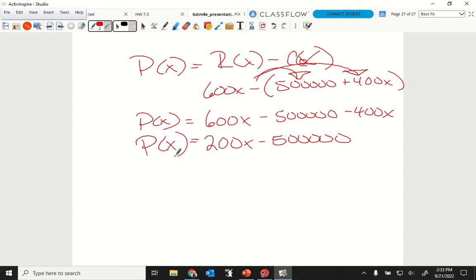So, let's think about this. If I sell one wheelchair, I'm losing money, you know what I mean? So let's figure out how much money I lost if I only sell one wheelchair. So my profit on this is going to be, for one wheelchair, 200 times 1 minus 500,000. So that's going to be 200 minus 500,000.